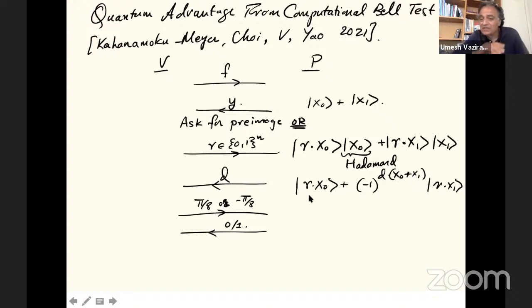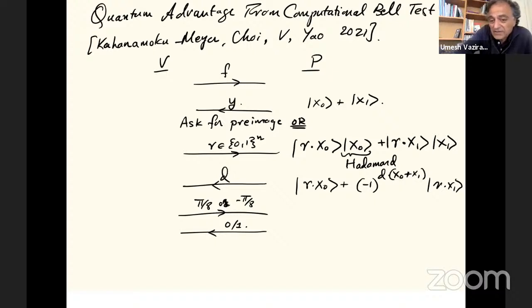Now, you see the point is this. This state is either going to be in the state 0 or 1 or plus or minus, because it could be the case that R.x0 equal to R.x1 equal to 0, or it could be 1, or they could be different, 0 and 1, in which case this phase could either be plus or minus.